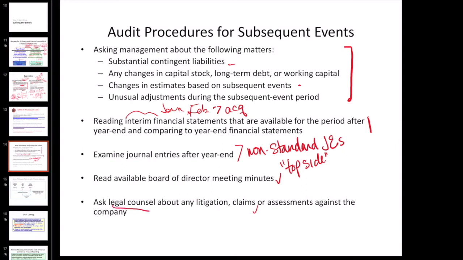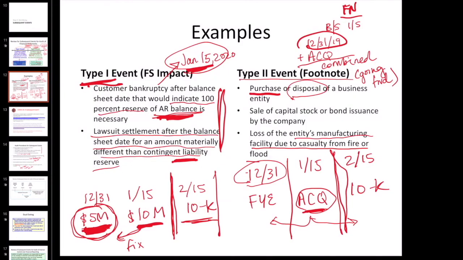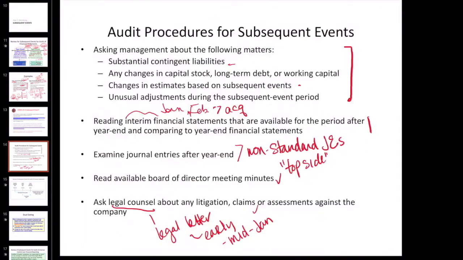So with legal counsel, in terms of subsequent events, we usually get the legal letter from them relatively early on, let's say mid-January. And then right before our audit opinion date, let's say our audit opinion date is 2/15, we would get an update on the legal letter from the lawyer just a couple days before the audit opinion date.